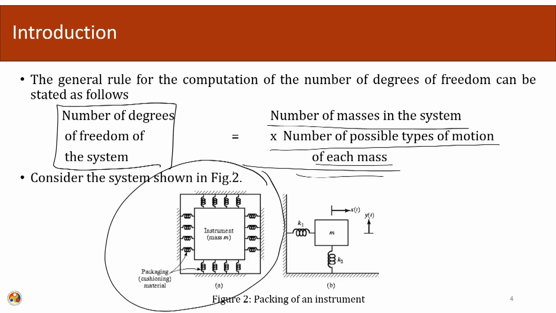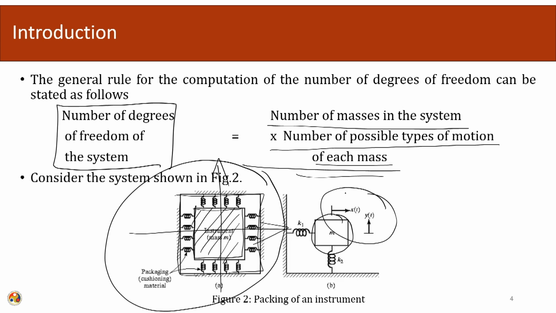Now, let us look into this system. Here the mass can be assumed to be concentrated in this part, and it is inside a rigid frame. So, what can it do? The entire thing can be considered as mass m. It can move in the horizontal direction, and it can also move in the vertical direction. How many motions?